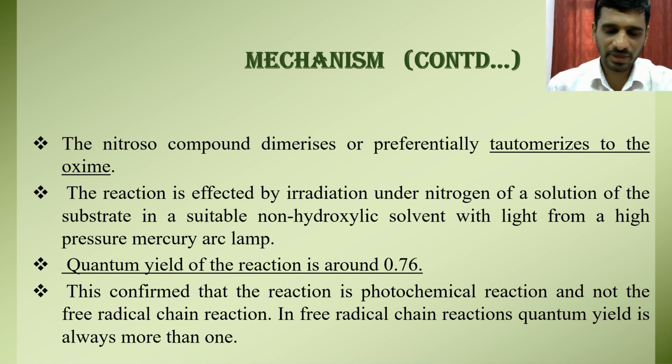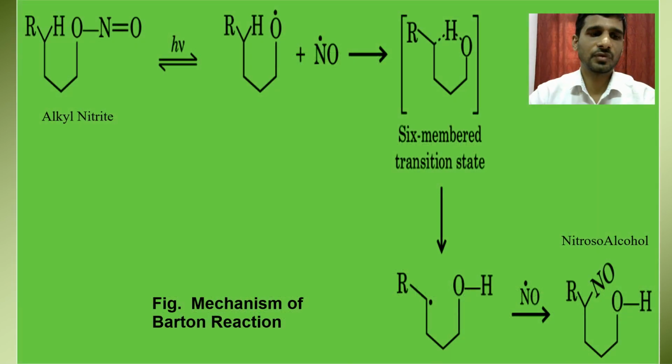I am moving back to the previous slide. So this picture depicts the mechanism of Barton reaction. As you can see on this slide, there is an example of mechanism of Barton reaction.